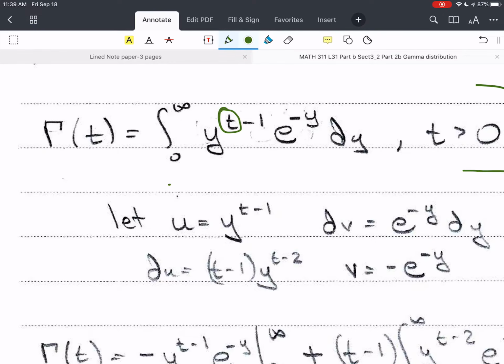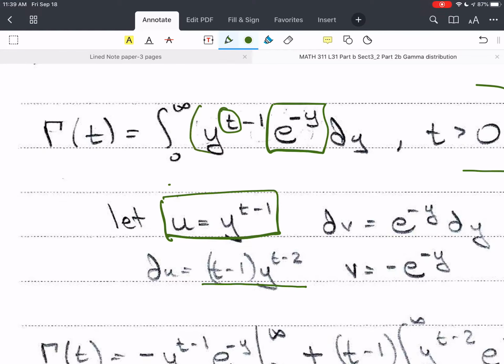It doesn't have to be greater than 1, but in general, if it is greater than 1, we can set u to y raised to the t minus 1. When we take the derivative, we have a constant out front and t minus 2, and we can keep doing that until we get to y to the 0, right? So that means that we have some finite number of integrations by parts to get rid of this term. I can integrate this by itself easily, but here this causes a problem, okay?